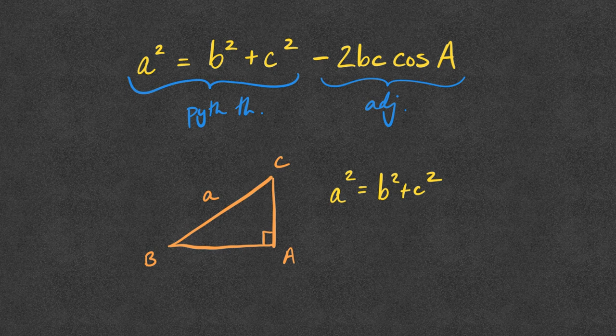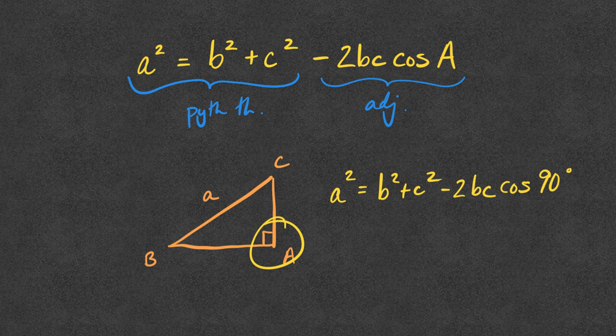A is my hypotenuse. And then I would write down that I've got my minus 2 BC cos. Now, take a look at the only piece of information I've put on that triangle. It's that angle A is 90. So, I'm going to write in 90 degrees.